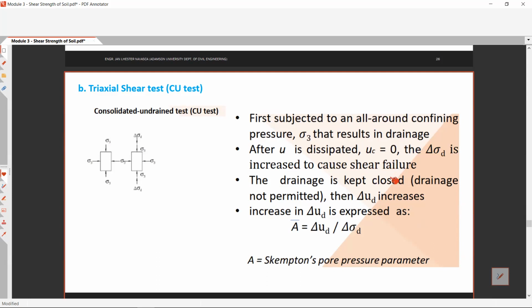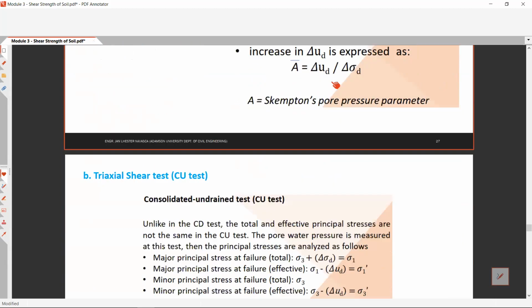So the drainage is kept closed, drainage is not permitted, then additional pore water pressure is developed. Then the increase in the pore water pressure is expressed as the Skempton pore pressure parameter. That is your delta U sub D, or the change in pore water pressure, over the change in deviatoric stress. So that is your Skempton's pore pressure parameter.